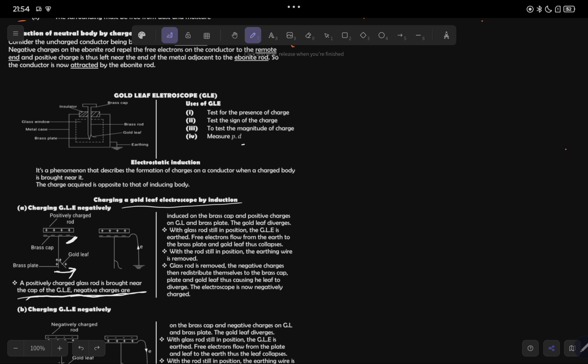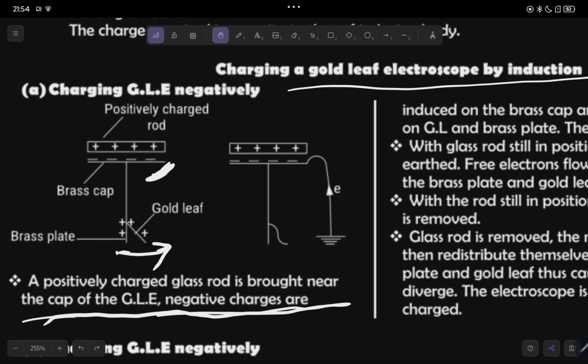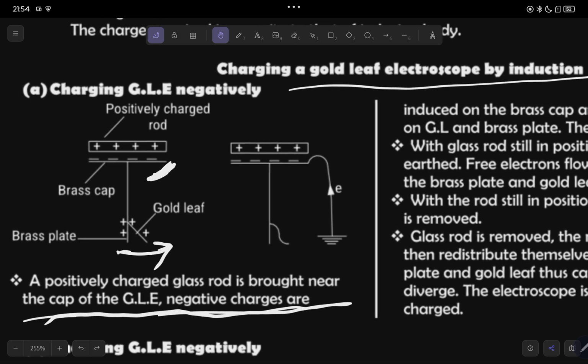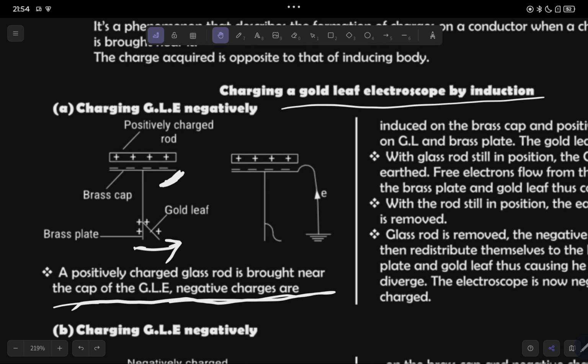Let me try to make it a little bit wider for us to appreciate what I'm talking about. So when you bring the positively charged rod near a neutral gold leaf electroscope, the negative charges are all attracted to the brass cap of the gold leaf, whereas the positive ones are repelled to the brass plate and the gold leaf.